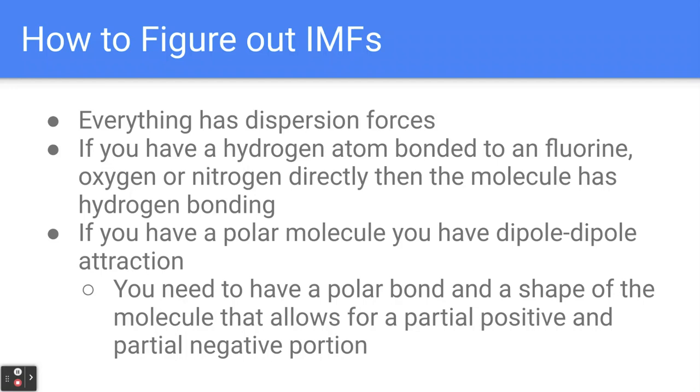But if we don't have an H directly bonded to an oxygen, nitrogen, or fluorine, then we have to think about, is it polar? If it is polar, we have a dipole-dipole attraction. And in order to figure out polarity, remember that we have to think about the bonds themselves, the atoms that are next to each other, but we also have to think about the shape. And in order to have a dipole-dipole, you have to have a polar shape to it.